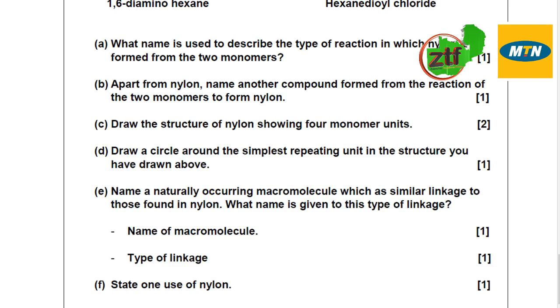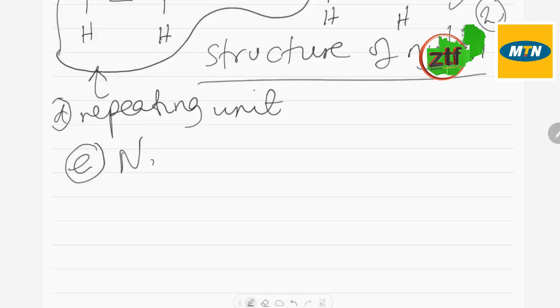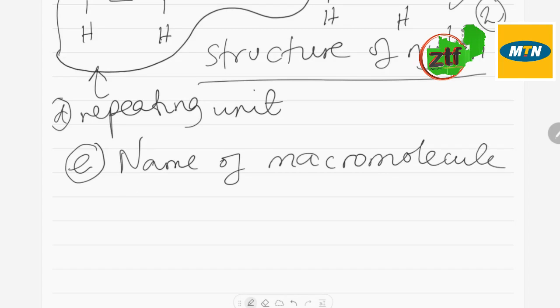What name is given to this type of linkage? So the name of the macromolecule with similar linkage to that of nylon is known as a protein.